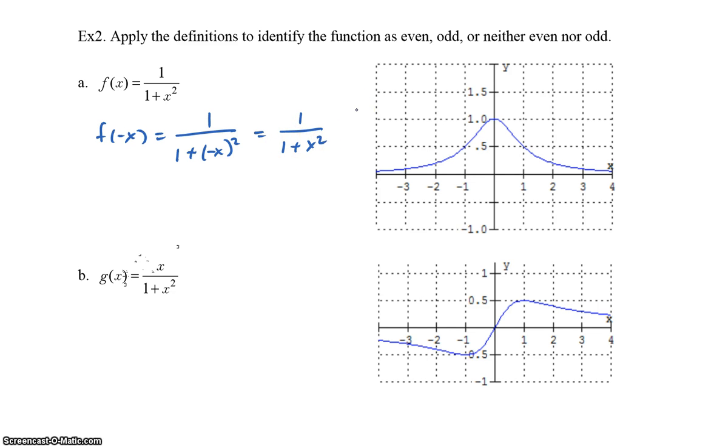So what do we see? We see that we get the form of the original function back again. For any x, f of minus x equals f of x.